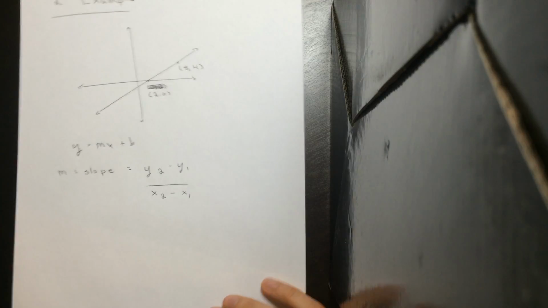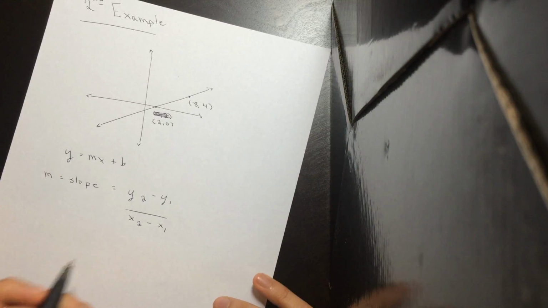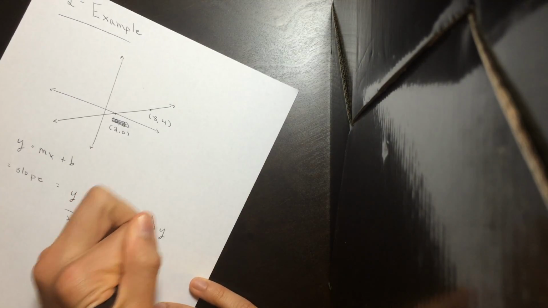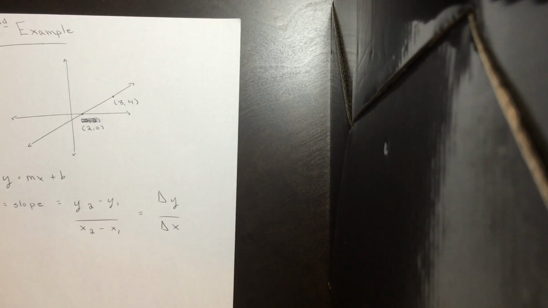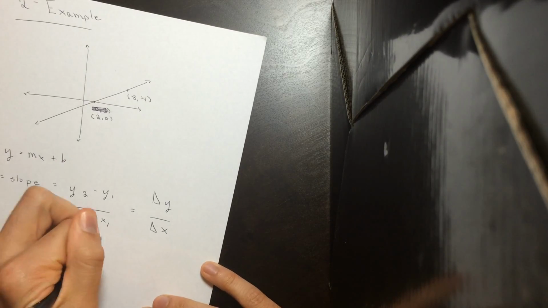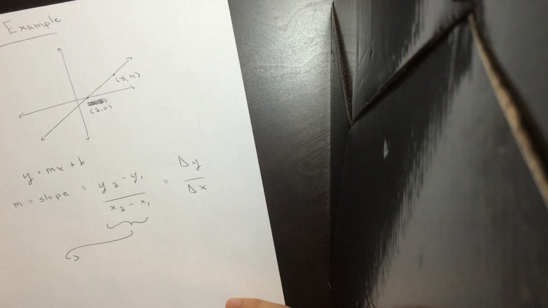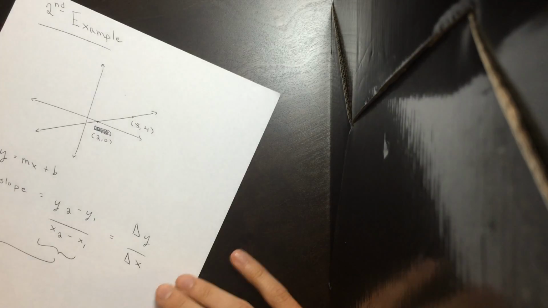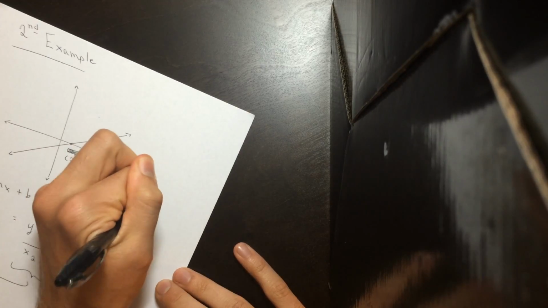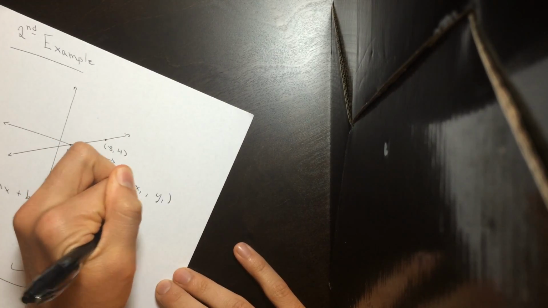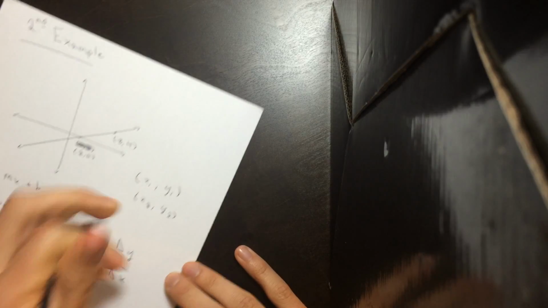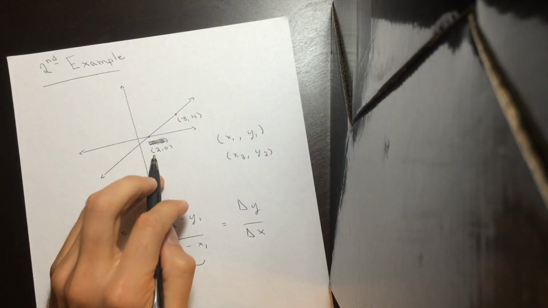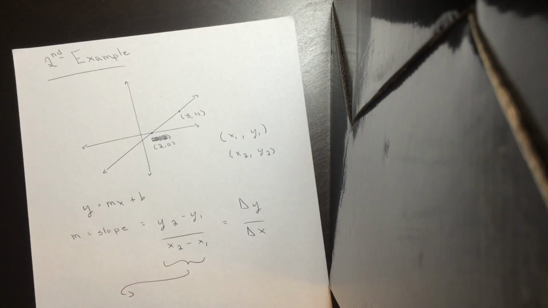Well, here y2 minus y1 over x2 minus x1 is equivalent to delta y over delta x in notation, but we're going to stick with this one. They just represent generic points of the form x1, y1 and x2, y2.